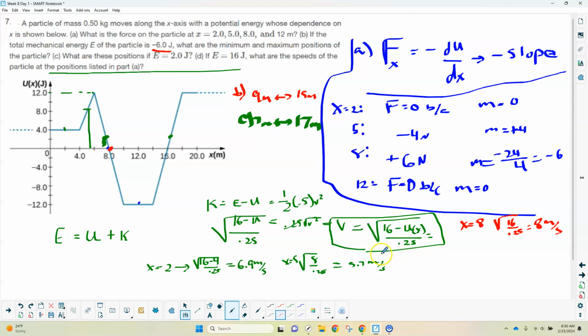For the last one, at x equal to 12, it's all the way down here, so it's a negative 12. So it'd be 16 minus negative 12, so the square root of 28 over 0.25. If you do that, you should get something like 10.6.